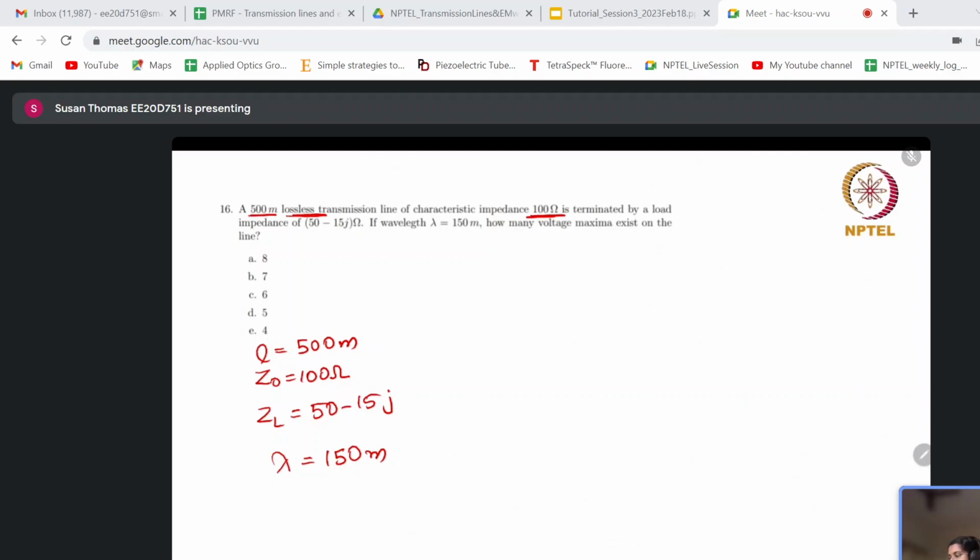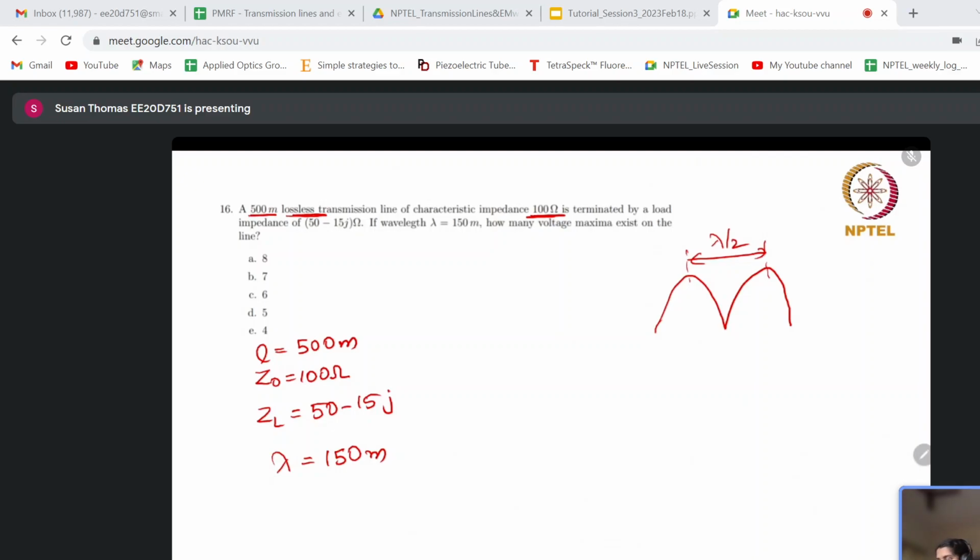Now all of us know standing waves. The distance between adjacent maxima will be lambda by 2. So consecutive Vmax are separated by lambda by 2.